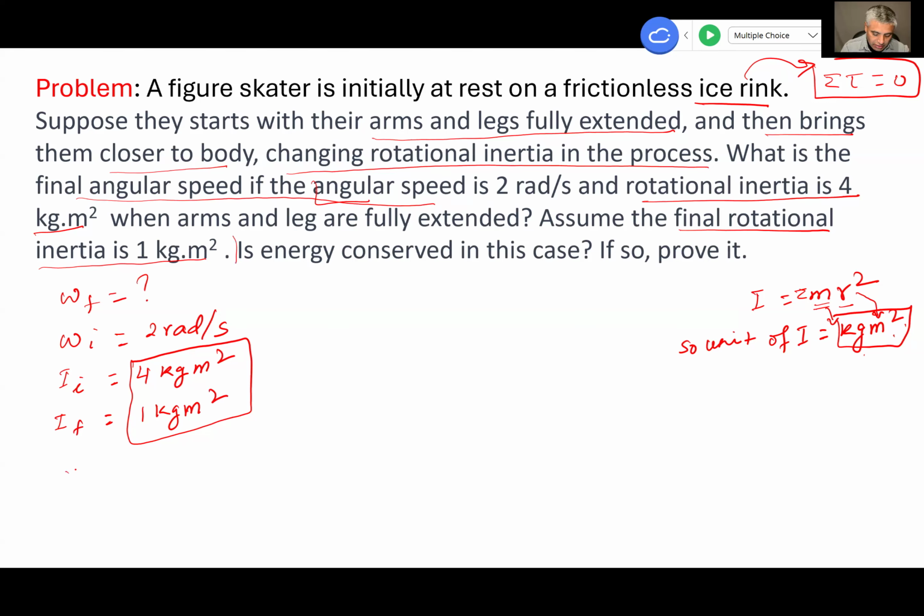So can you calculate? I'm giving you 2 minutes for this computation.